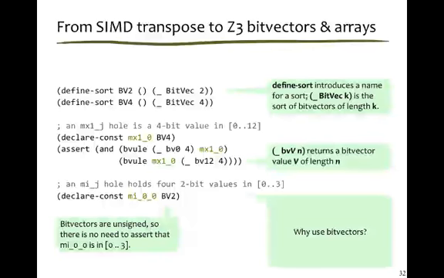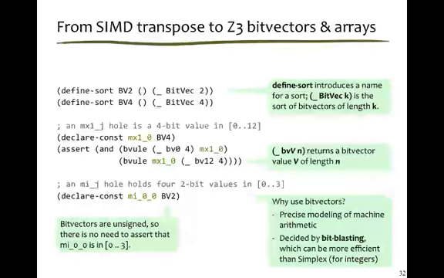Exactly. So the two reasons are essentially what you both said, which is when you are reasoning about machine operations, well, machine operations are bit vector operations, right? They're not real mathematical integers. So you can precisely model them using bit vectors.